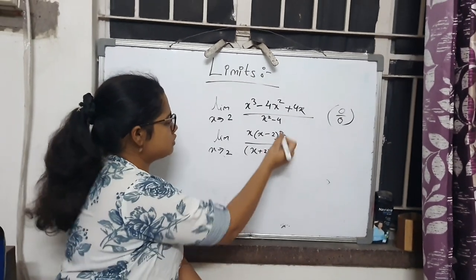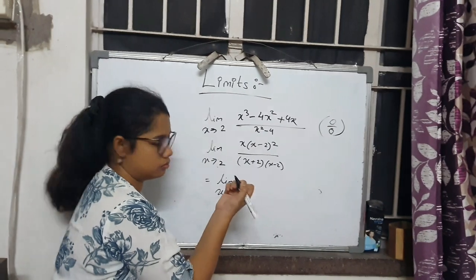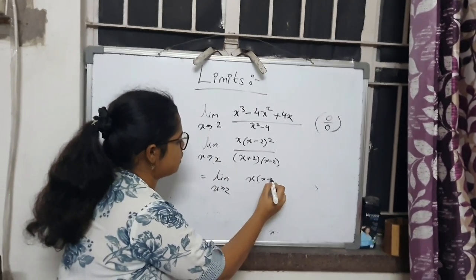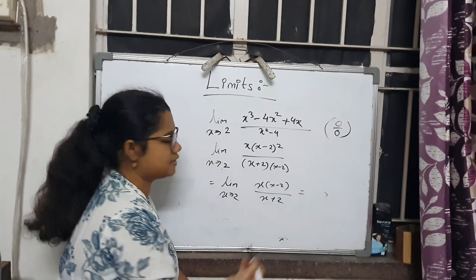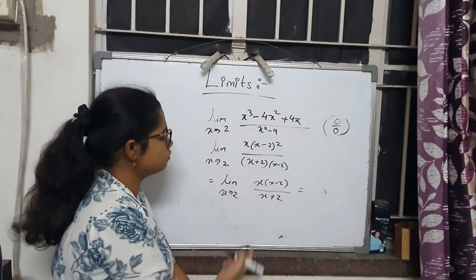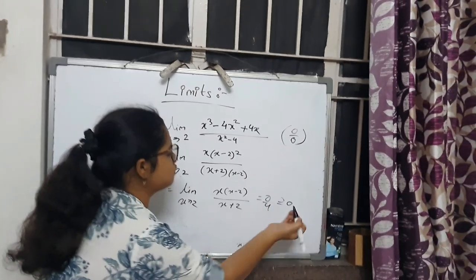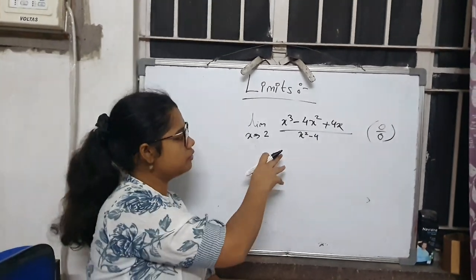This x minus 2 cancels, so we have limit x tends to 2 of x into x minus 2 divided by x plus 2. Now wherever there is x, simply replace by 2. This becomes 0 and this becomes 4, so 0. That is it. So now we saw how we are going to solve it.